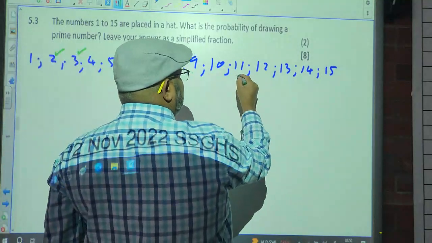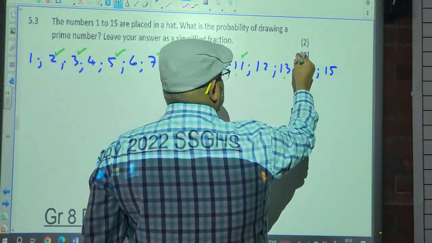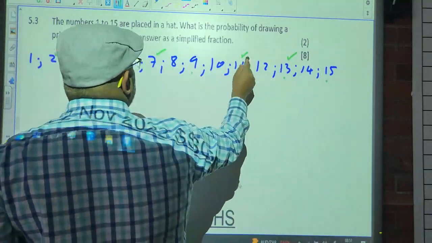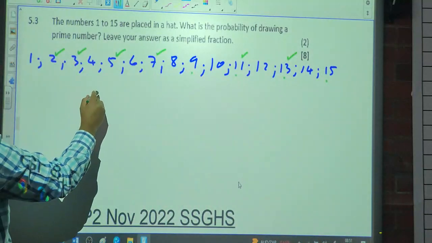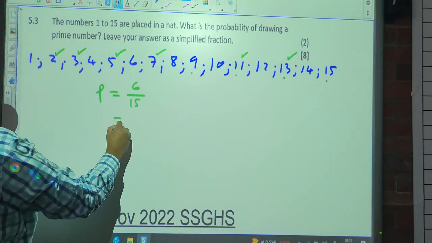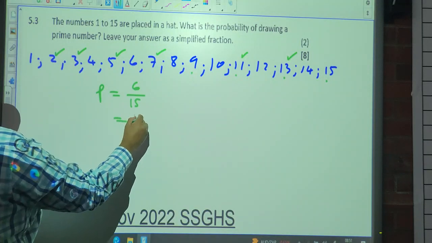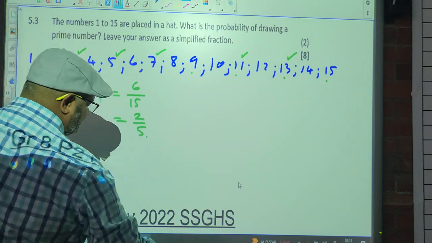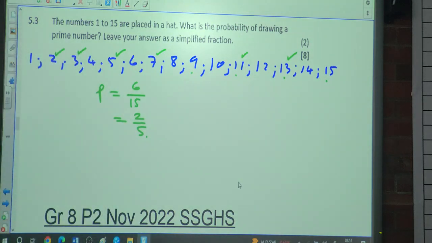No. 11? Yes. 13? Yes. 15? No. So it's 1, 2, 3, 4, 5, 6. The probability is 6 out of 15, which is 2 over 5, as 3 can go into 6 and into 15.